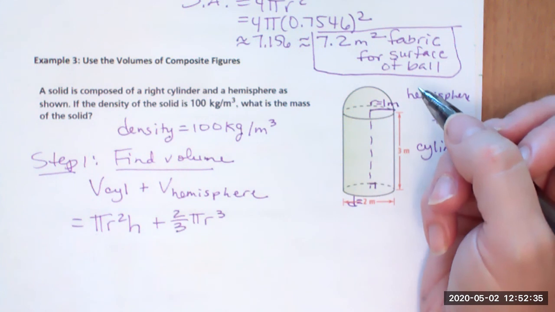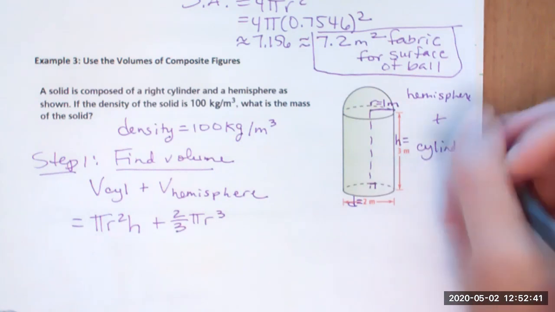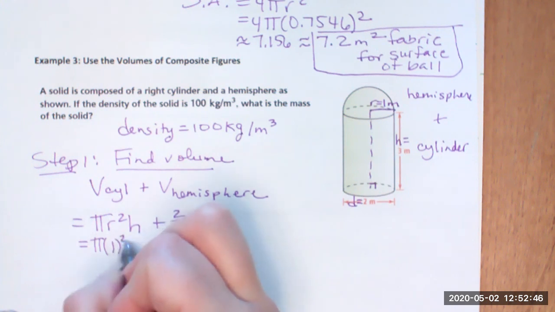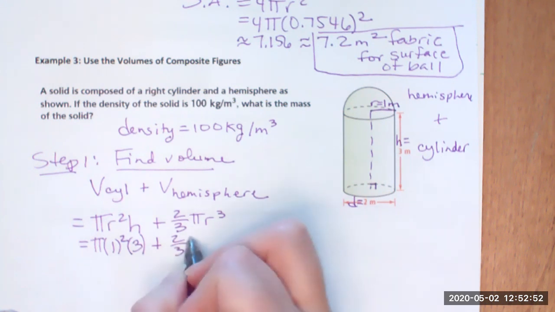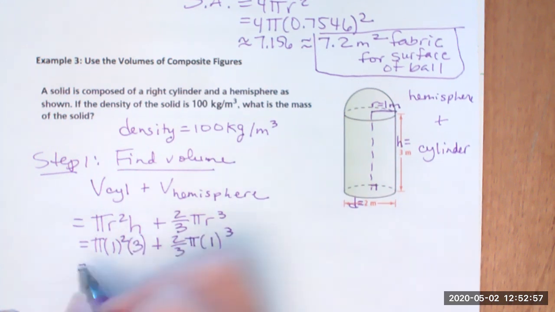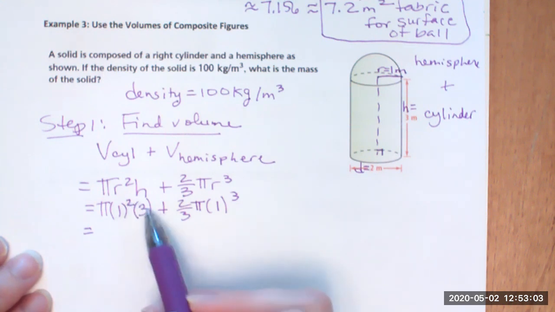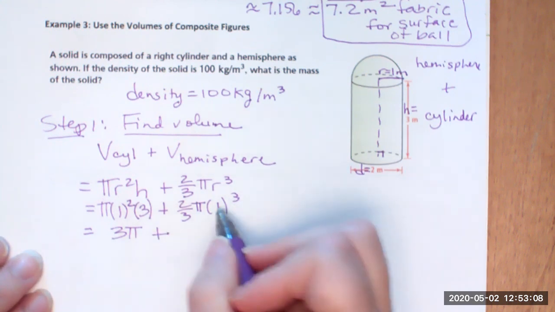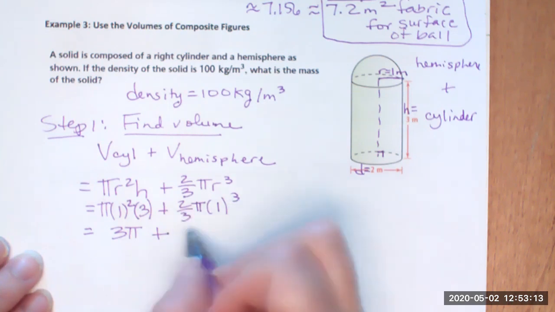The height of the cylinder is 3 meters, so this is very simple to substitute. I've got pi times 1 squared times the height of 3, plus 2/3 pi times 1 cubed. These numbers are relatively easy to work with, because 1 squared is 1, times 3 is 3. So this is 3 pi, plus 1 cubed is also 1, times 2/3 is 2/3.